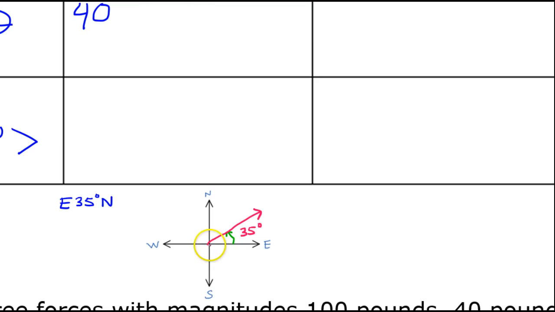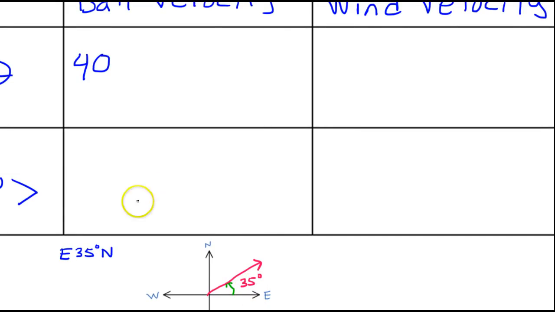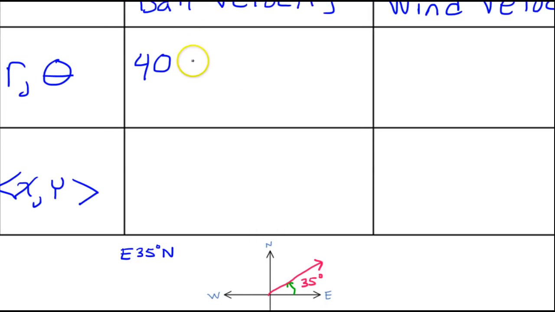Now, often we need to add or subtract from 180 or 270 or 90 or something like that. But this angle is actually in the first quadrant. So this is the actual angle that we want. This angle is being measured from the positive x-axis. So we don't actually have to do any special conversion. 35 degrees is the angle that we want. So when we talk about r comma theta, for this particular problem, the direction theta is the 35 degrees.